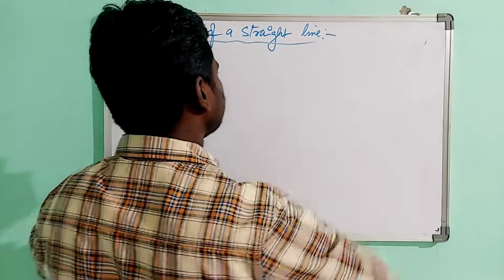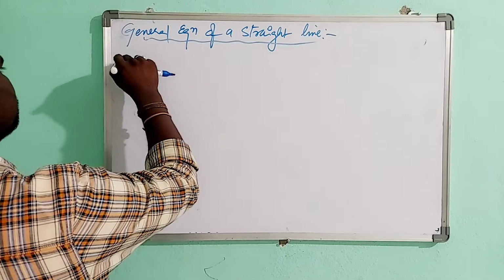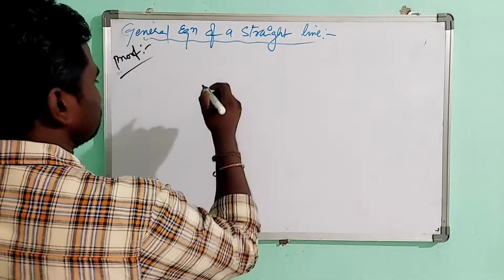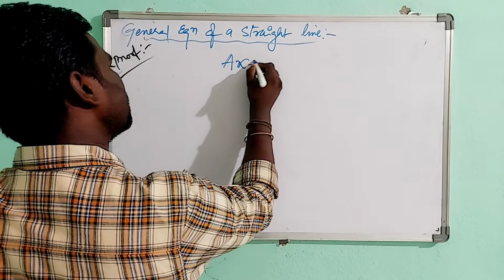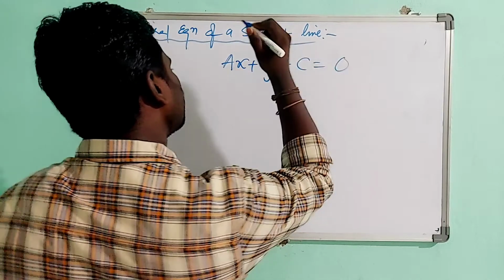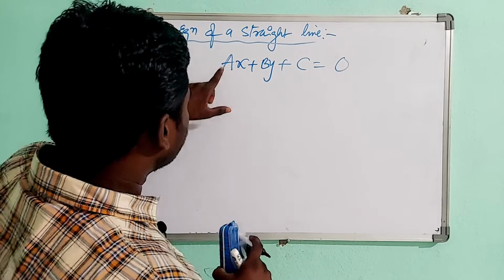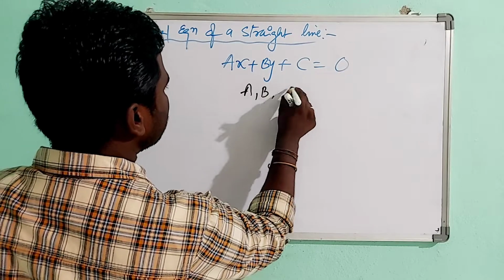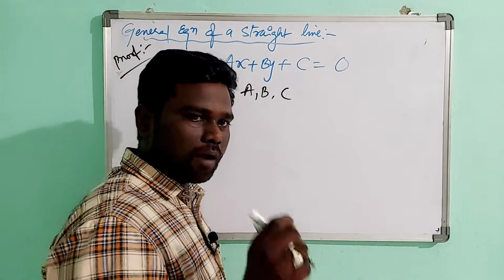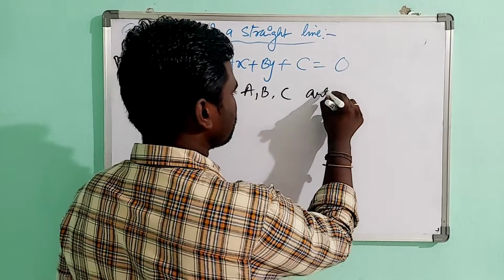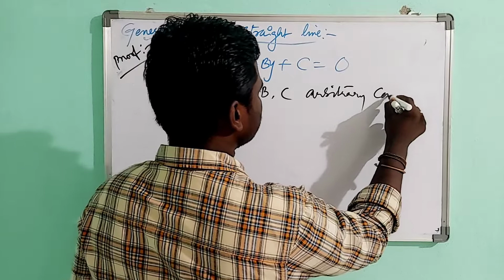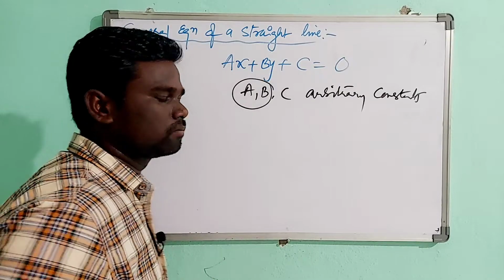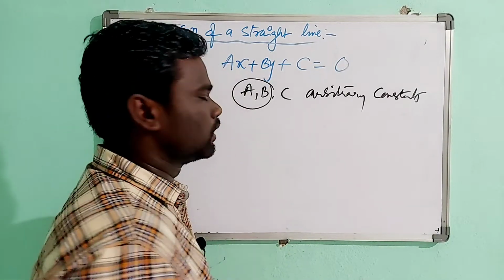Now, straight away I will discuss the proof. Let us consider the equation ax plus by plus c equal to 0, where a, b, c are arbitrary constants and a and b are both not zero.